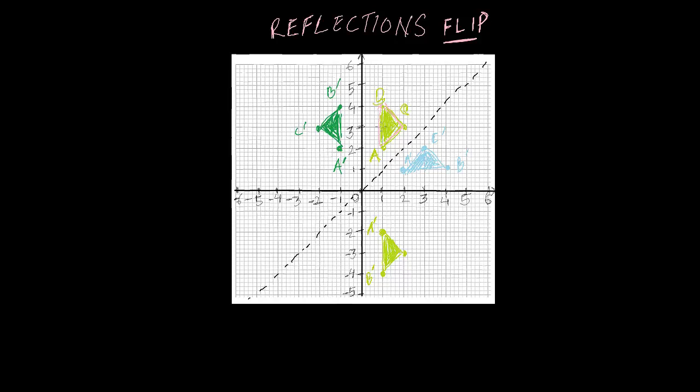Each of them is an image of this object. So triangle ABC, we flip it in this way, we call it reflection on the line y equals x. We flip it on the other side, we call that reflection on the y-axis, and we flip it and we call this reflection on the x-axis. So there can be many types of flips. I can draw another line by myself and just flip it on that line, so it doesn't really matter.